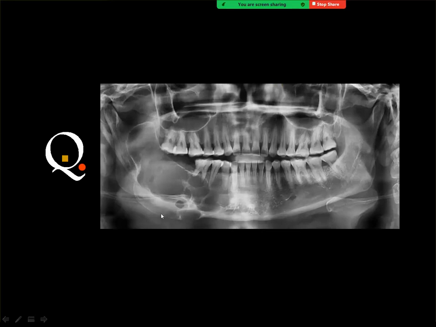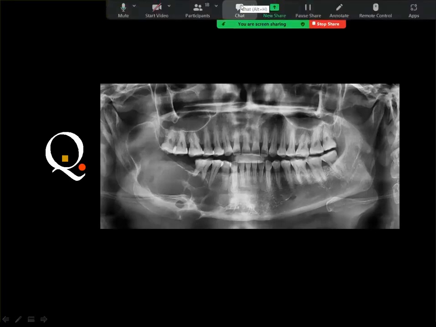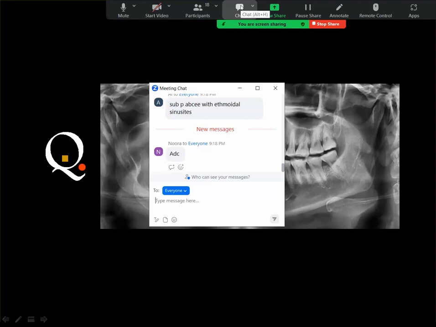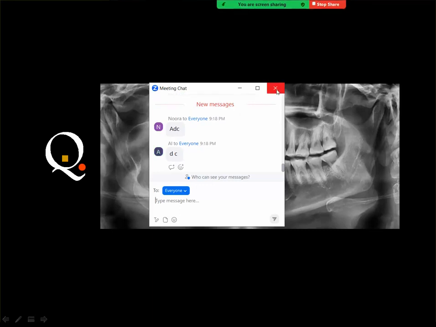Next case is a mandibular panorama showing this lesion, and you can see here. What do you mean by DC? Yes, dentigerous cyst.